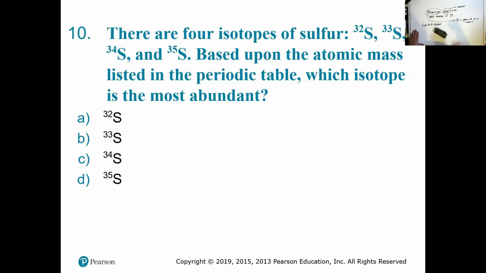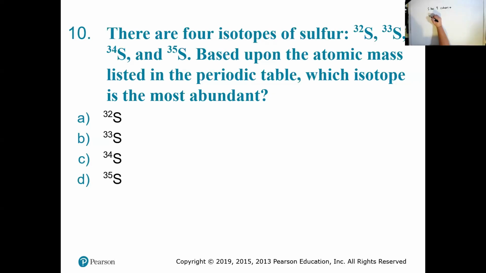This is a question about isotope abundance, but it's a little more conceptual than the math-based isotope abundance questions, which we can look at an example of shortly. In this question, they're telling you that sulfur has 4 isotopes, and they're giving us the isotope symbol of each one.